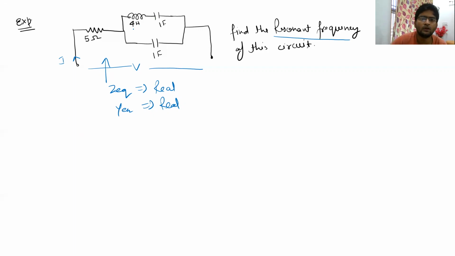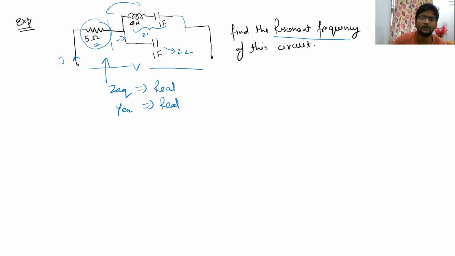So let me call this Z1, let me call this Z2, and this is basically R. For now, I will ignore it and only go for this circuit, because this resistor is in series combination with this one, so it is not going to be of any help in calculating the resonant frequency. All the imaginary component we are going to get is from this particular part.